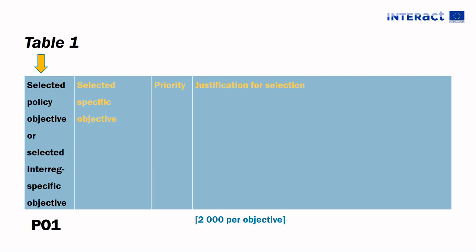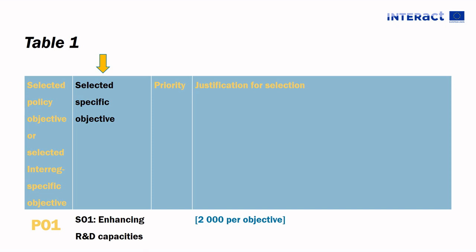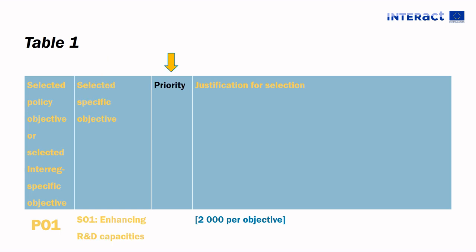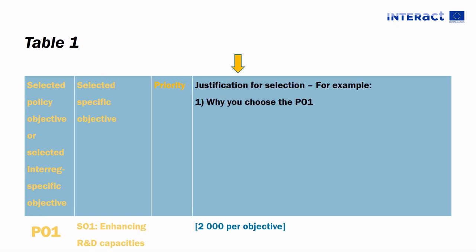Then you will indicate the selected specific objective in the second column, and then the name of your priority in the third column. And in the fourth column, you will justify all the 5 elements. So you will justify why you selected PO1, why you selected the specific objective, let's say number 1. And then you will justify the forms of support.